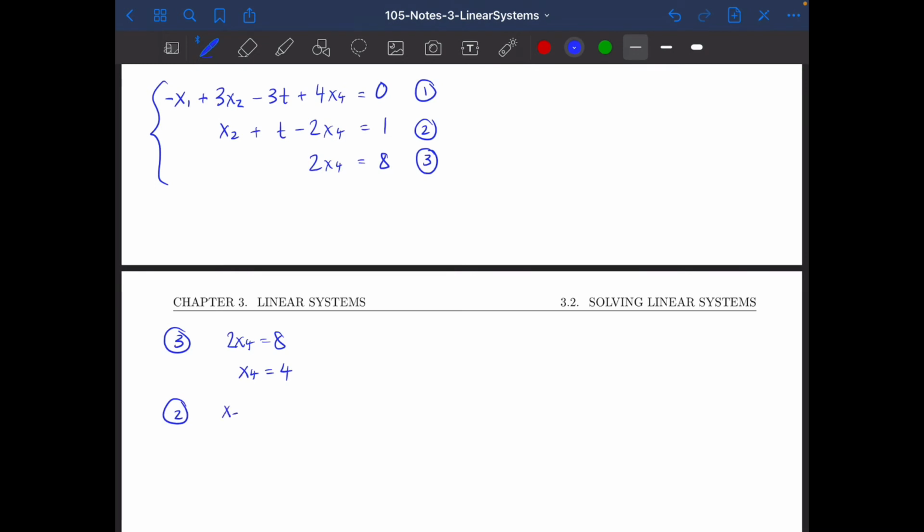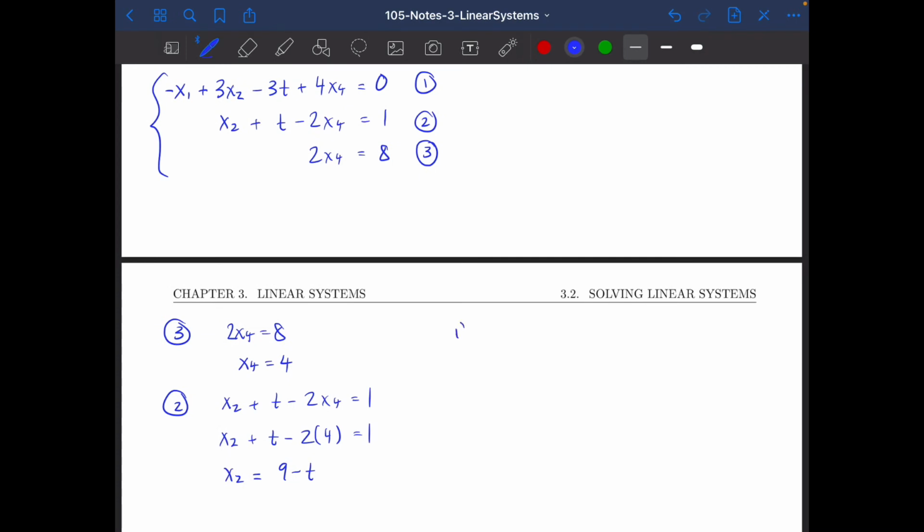We have x2 plus t minus 2x4 equals 1. We now know that x4 is equal to 4, so x2 plus t minus 2 times 4 equals 1. And so x2 is equal to 9 minus t.